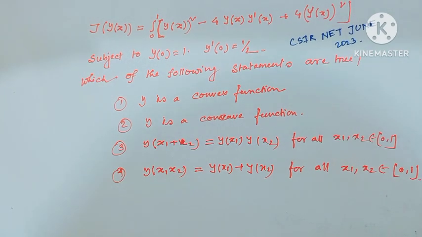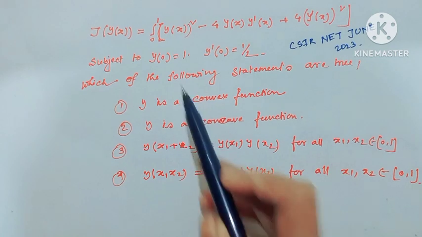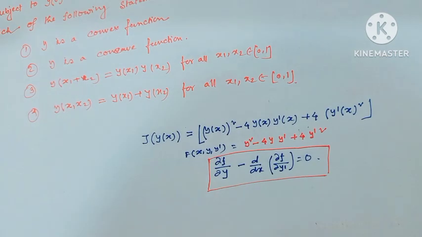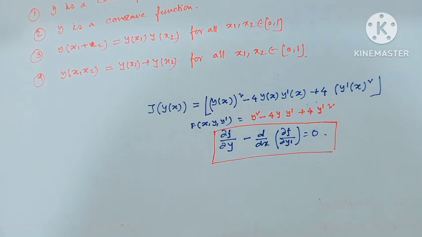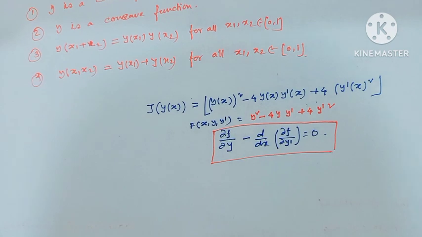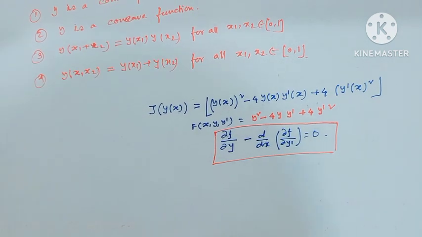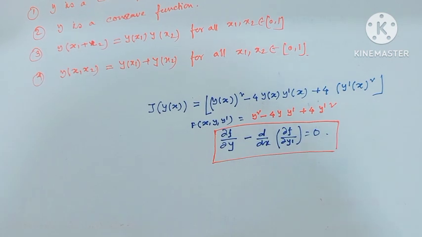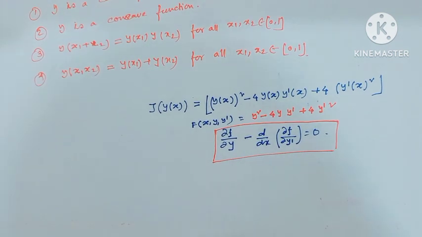Okay, notice here the given functional is y square minus 4y y prime plus 4y prime whole square, and obviously this satisfies the Euler equation del f del y minus d/dx of del f del y prime equal to 0.